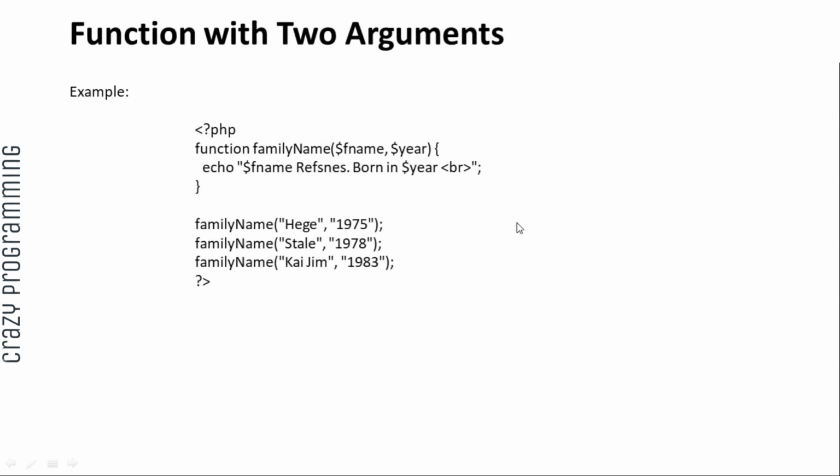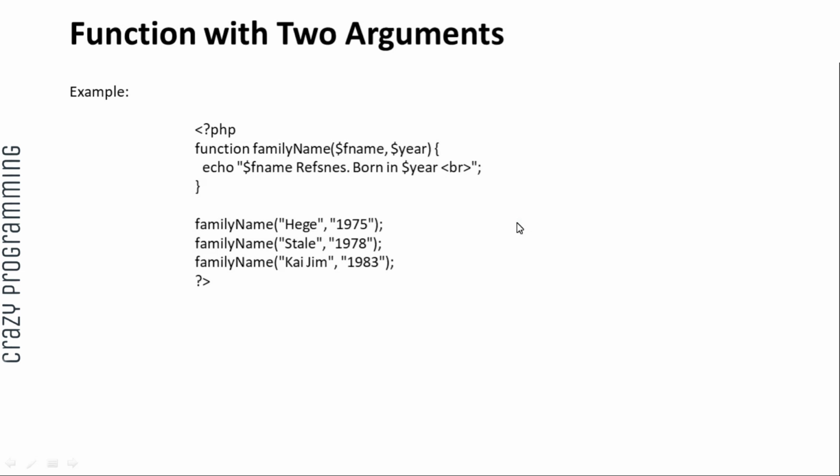Then I echo $fname Refsnes, born in $year, which is a variable, and then a line break. I used the line break because I called the function three times, familyName, familyName, familyName, with three different values. The first familyName call has the first argument Hege and the second argument 1975.